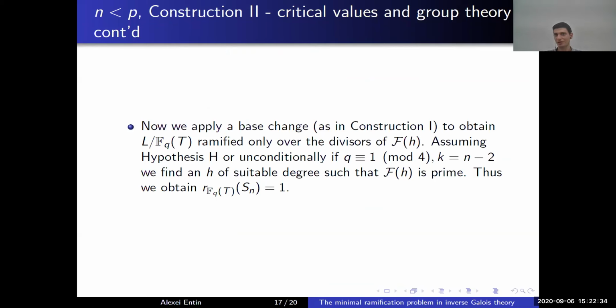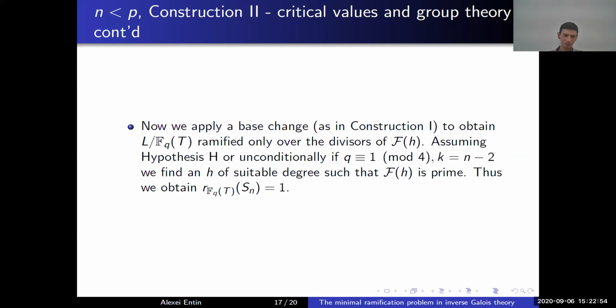So this is actually a case of Schinzel's hypothesis that we can prove, assuming that K is n minus 2. We can find H of suitable degree such that f of H remains prime, and thus we obtain an extension with just one ramified prime in Galois group Sn.